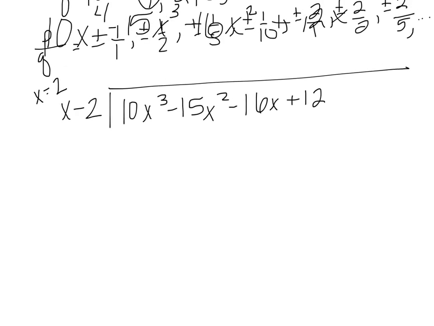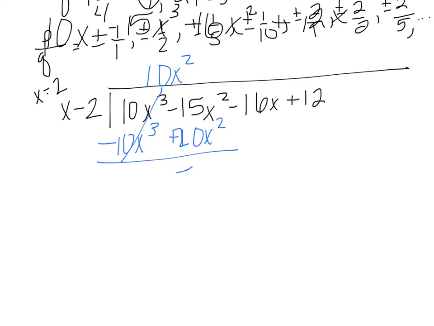Alright, what do I have to multiply by x to get 10x cubed? It would have to be 10x squared. Multiply down. Minus 20x squared. Change my signs, combine, falls out. That'll be 5x squared minus 16x plus 12.